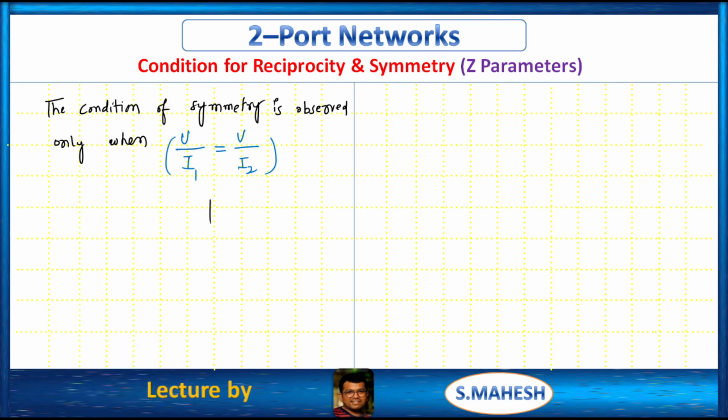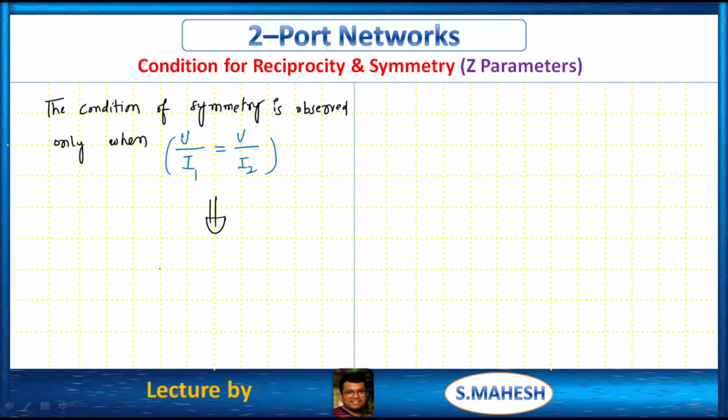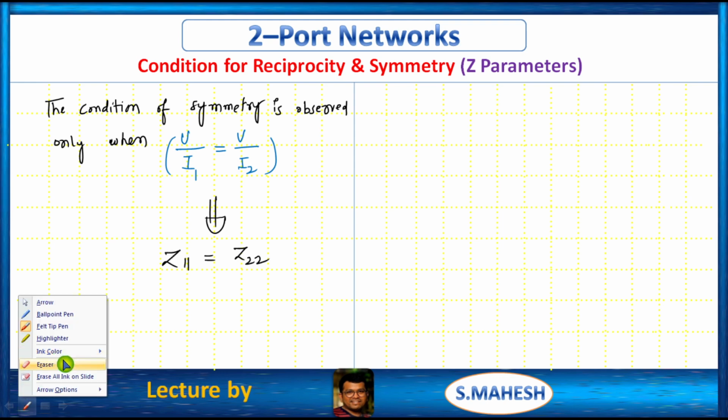V by I1 is Z11 and V by I2 is Z22, so Z11 equals Z22.